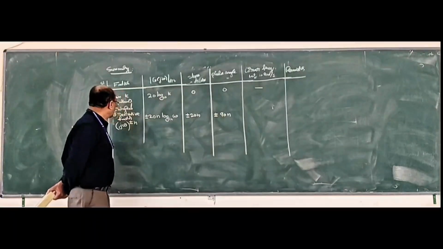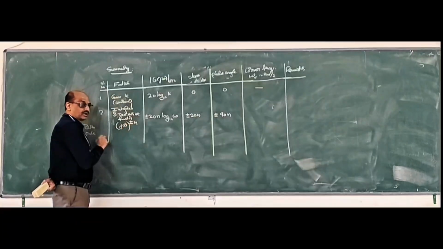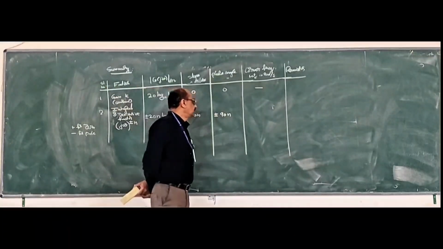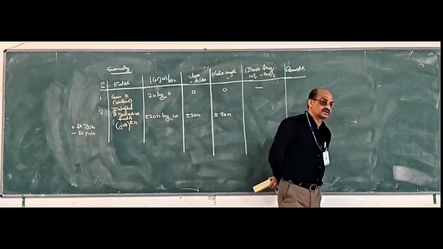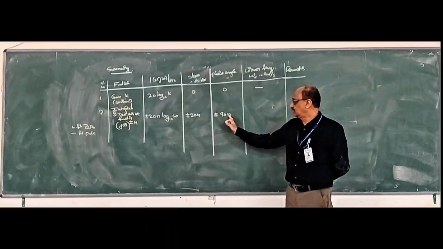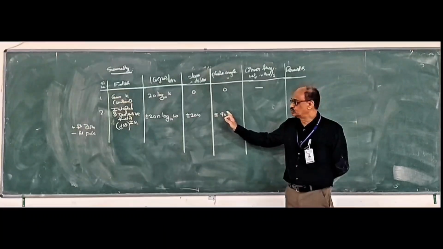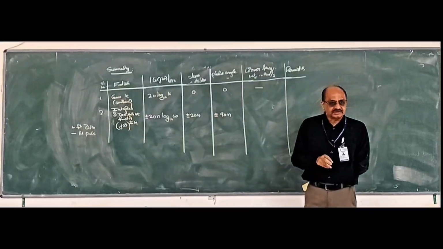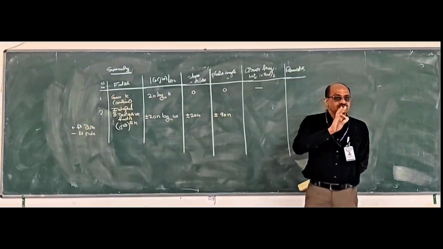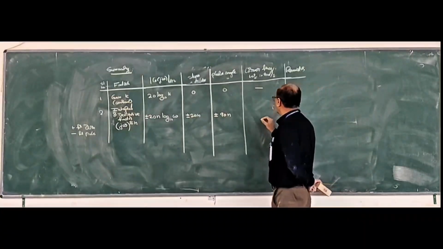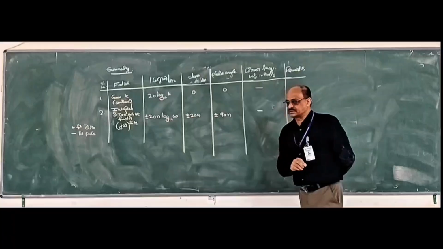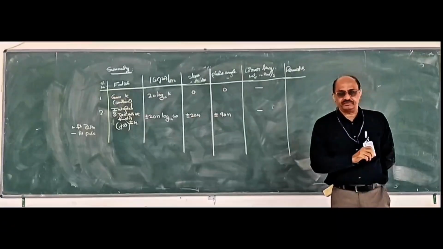So a term like j to the power of n contributes a phase angle of plus or minus 90 degrees, n being 1 or 2 depending on that. Minus for pole, plus for zero. You have to remember. We don't have any corner frequency; I don't have any corner.